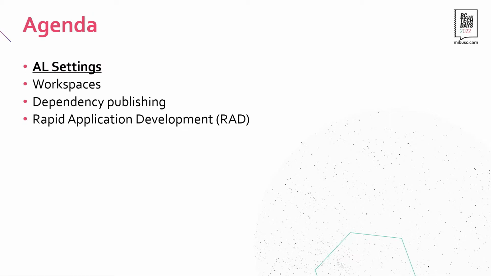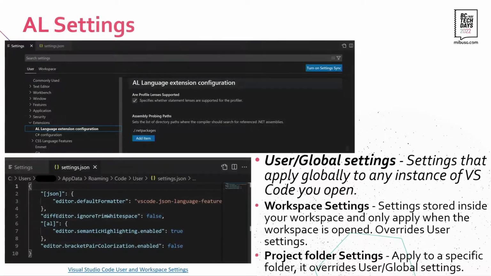So let's take a look at AL settings, how you can configure them, where you can modify them. First up, so-called user or global AL settings. These you can find when you open the settings graphical interface in Visual Studio Code.